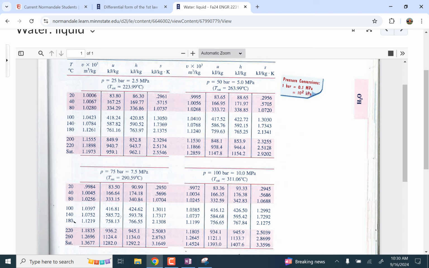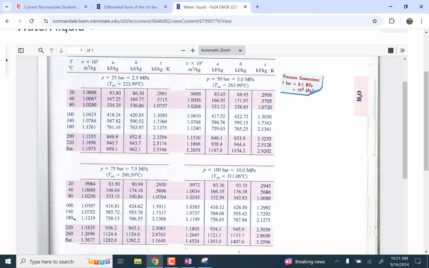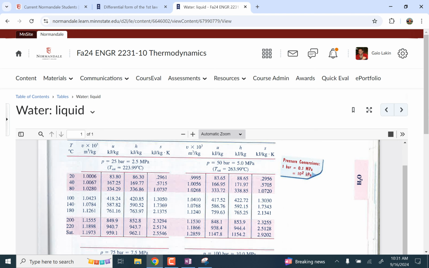It's a lot less tedious if you're at saturation. But the lucky thing for us is that for a lot of our purposes, we're going to be at saturation. Anybody have any questions about the formats of those tables?